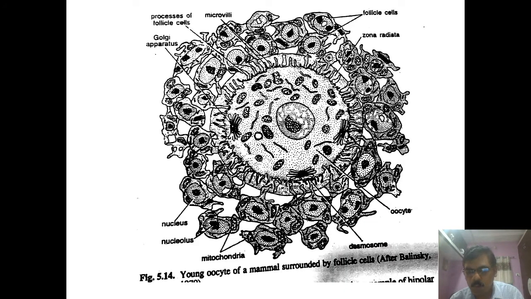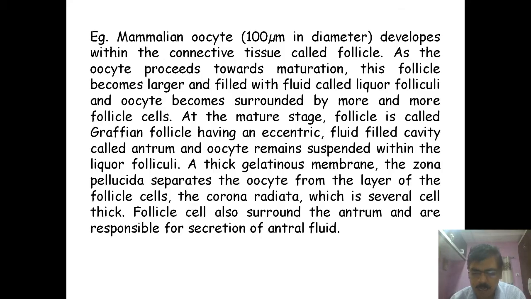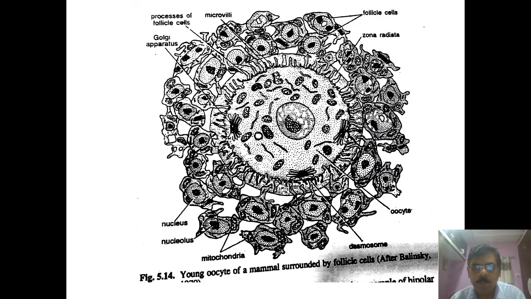This is the human ovum, or young mammalian ovum, surrounded by the follicular cells. These follicular cells have processes which interdigitate for the transportation. And these are the follicular cells around the ovum.